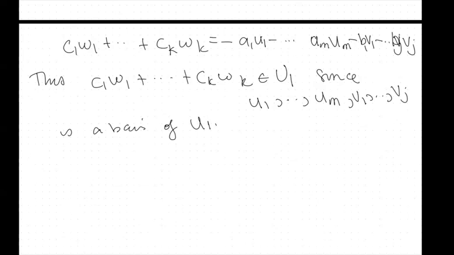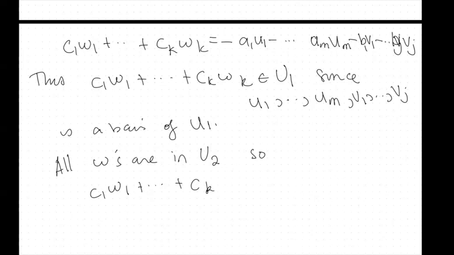And also, all the W's are in U2. So we get C1 W1 up to CK WK is an element of U1 intersection U2.